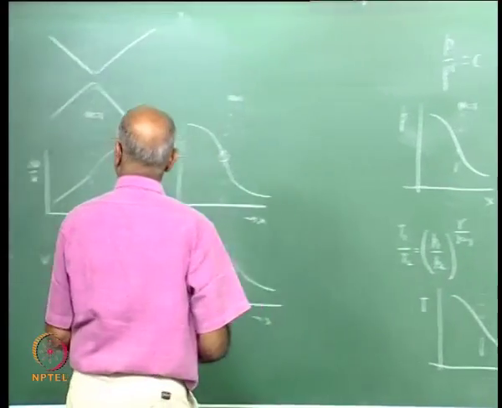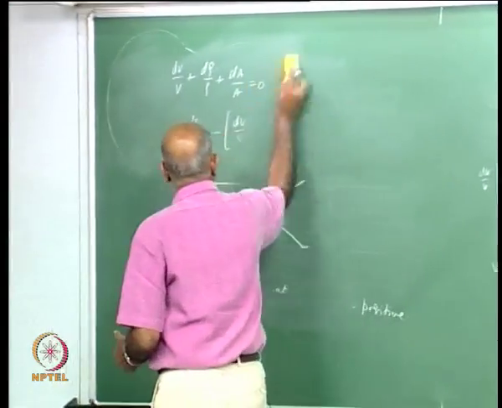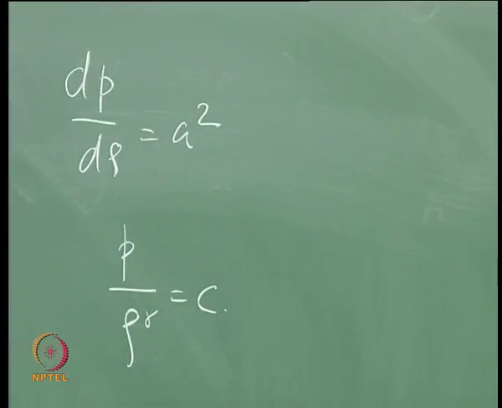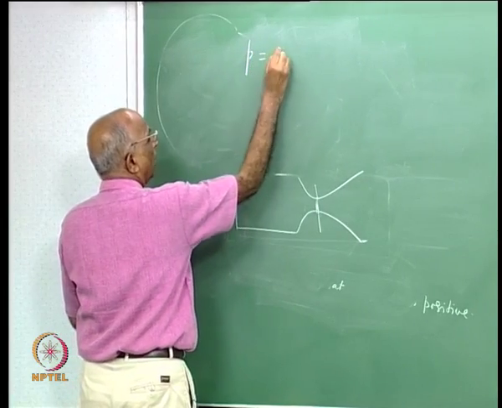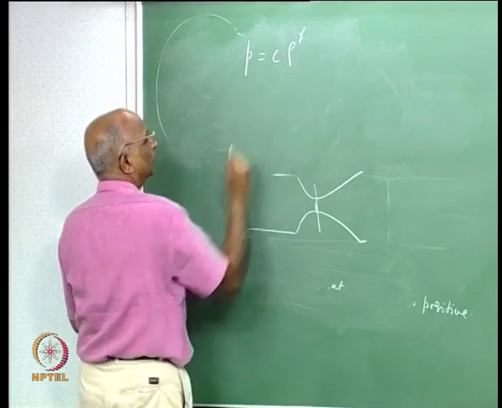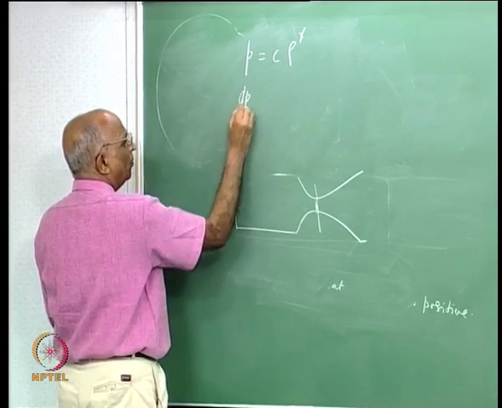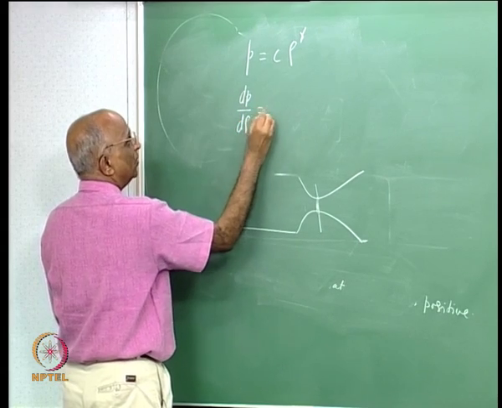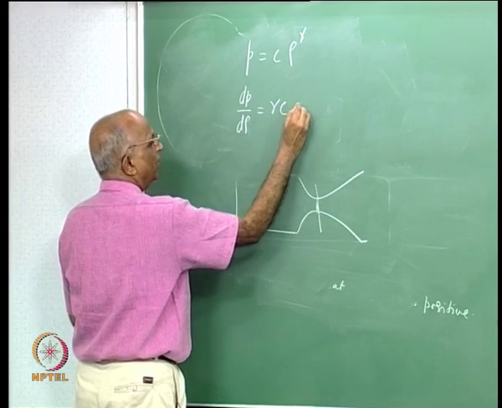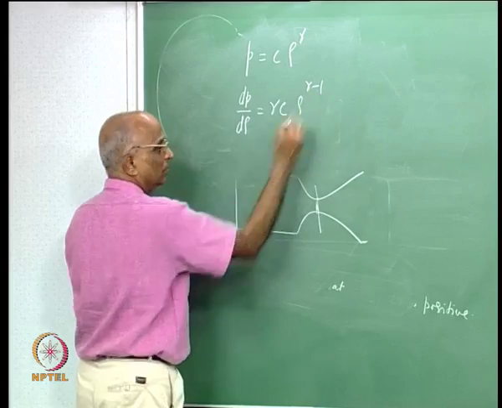Therefore what is a squared? Let's write that out. P is equal to a constant c times rho to the power gamma, therefore dP by d rho is equal to gamma c into rho to the power gamma minus 1.